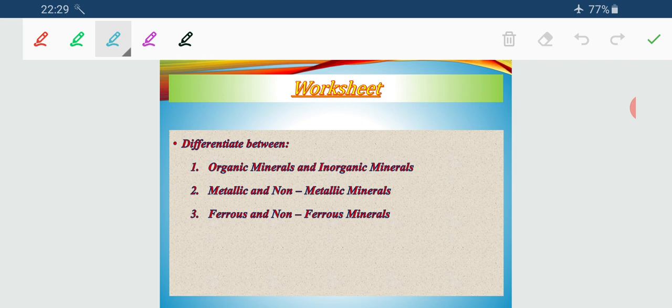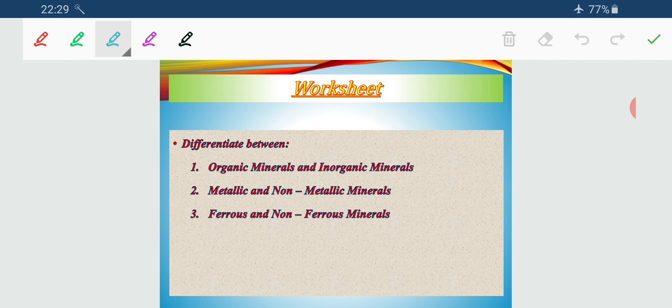Ferrous, non-ferrous. The one which has the iron content is ferrous, the one which does not have the iron content is the non-ferrous. The one which has that iron content, that is the ferrous one, is much harder in structure compared to the non-ferrous one.